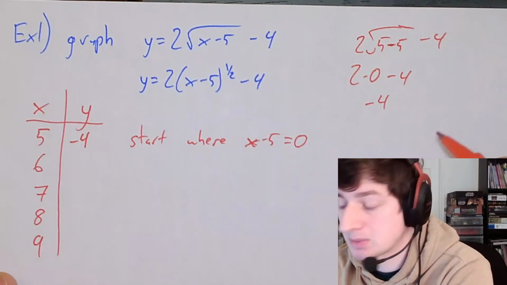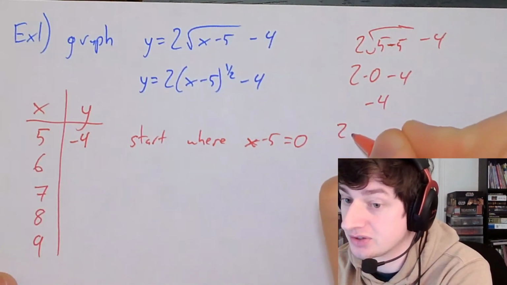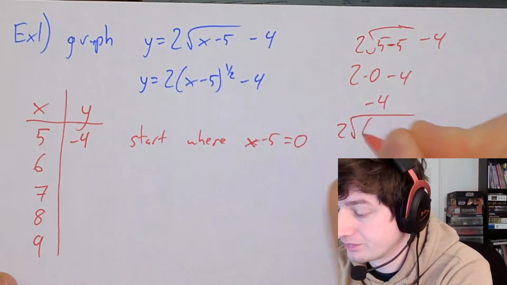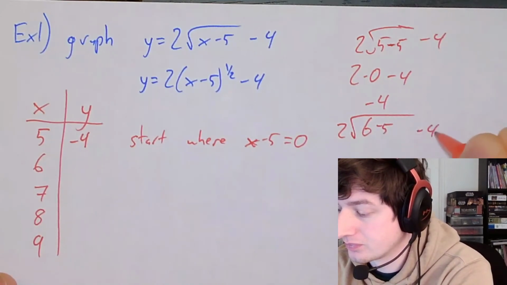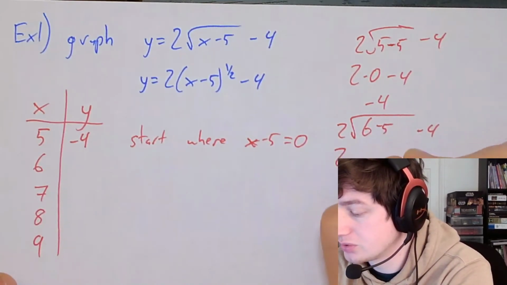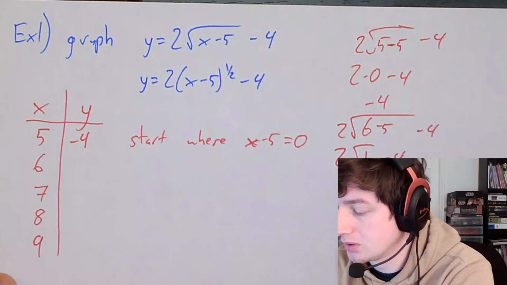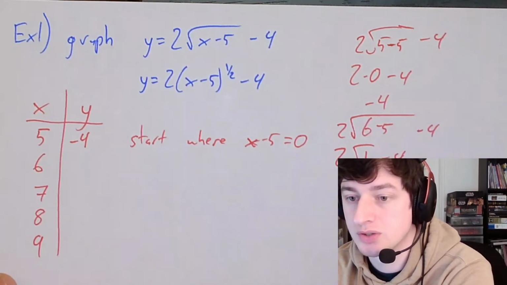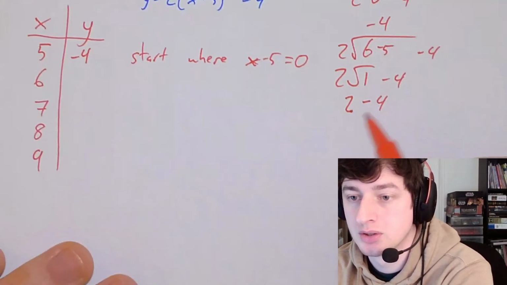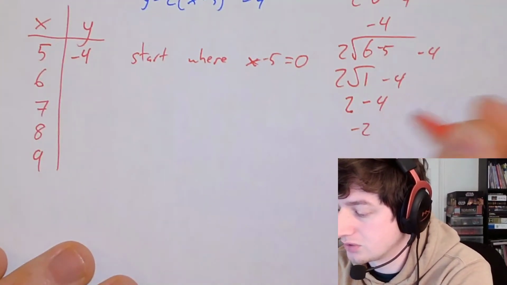Then we plug in 6, and you could use a calculator to do this. This turns into 1, so it's 2 times the square root of 1 minus 4. Square root of 1 is 1, so it's 2 times 1 minus 4, and so then I just get negative 2.